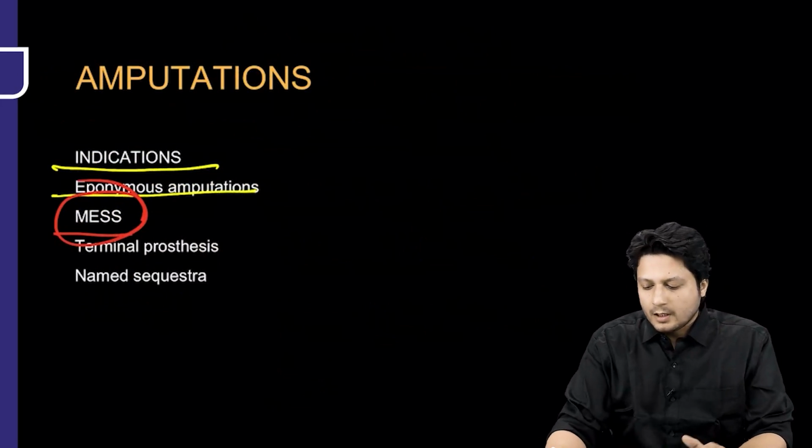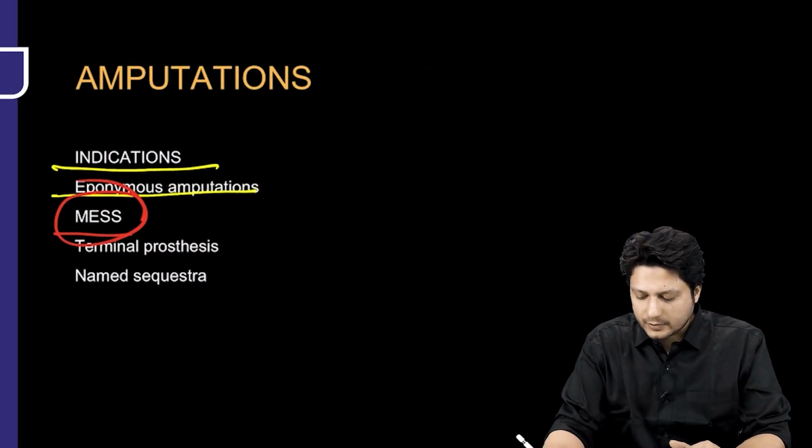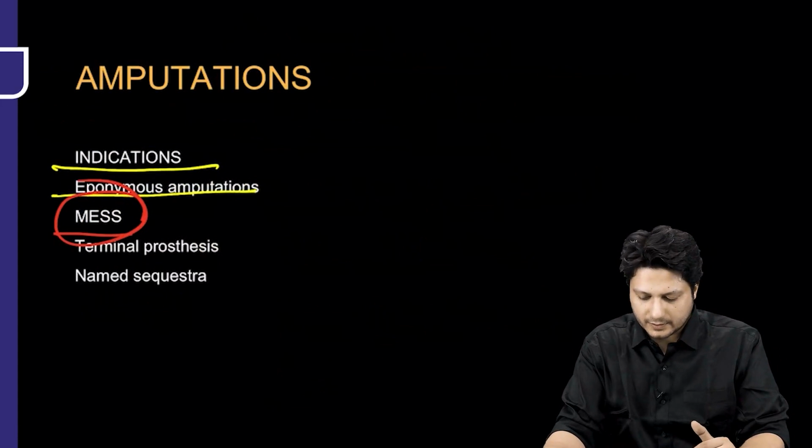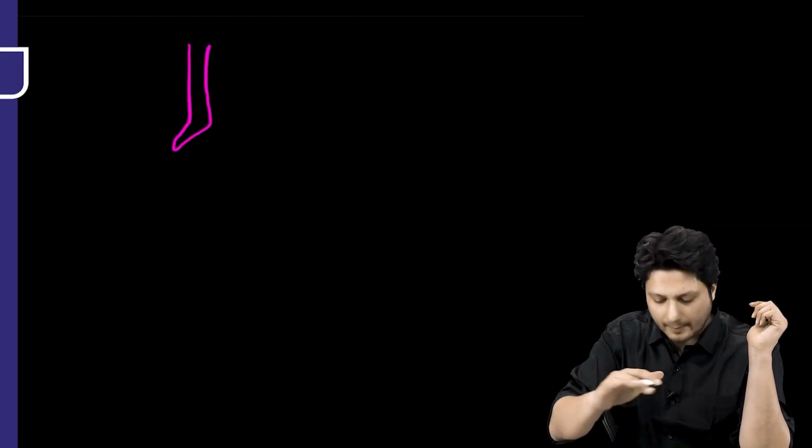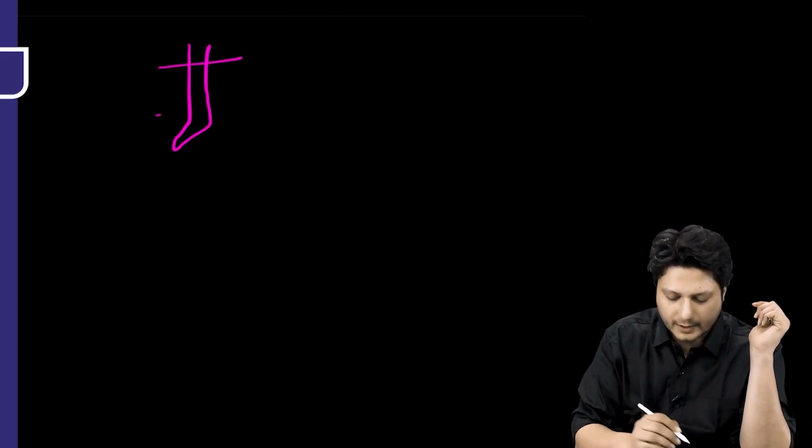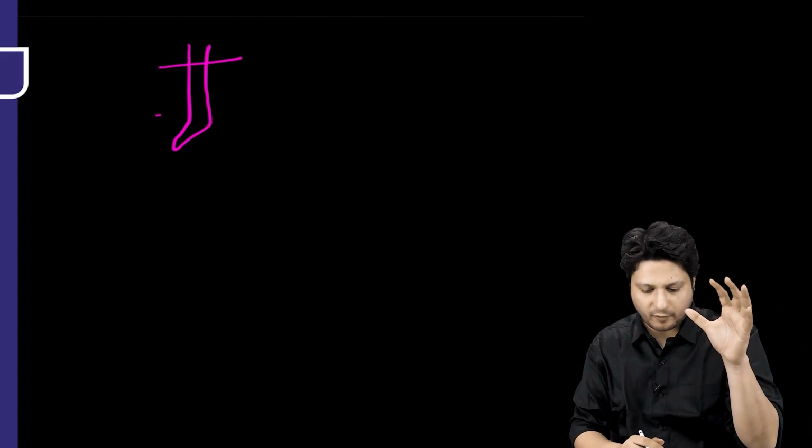Then, what is terminal prosthesis? Before we talk about these two different types of prosthesis, we will talk about what terminal prosthesis actually is. Just try to understand. If the patient has a disease and because of that the lower limb is amputated, a below knee amputation is performed.